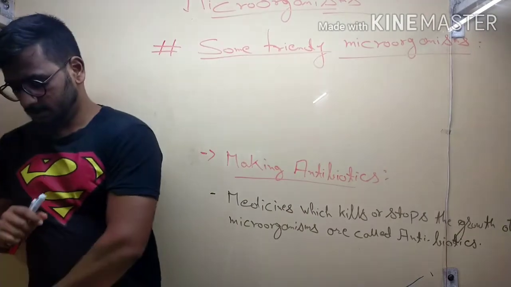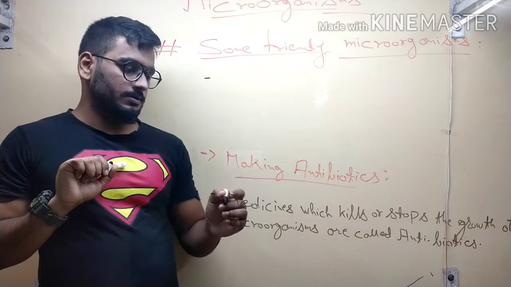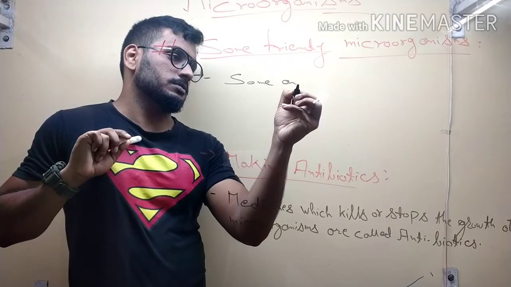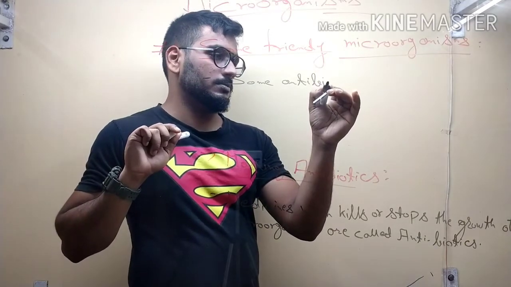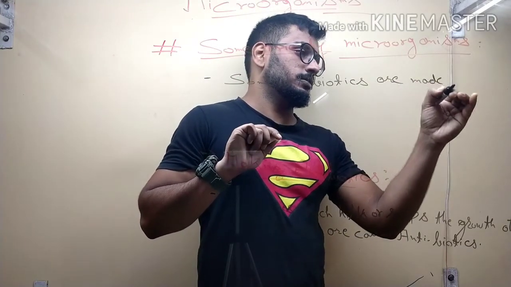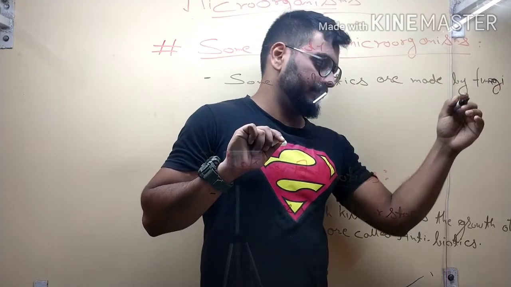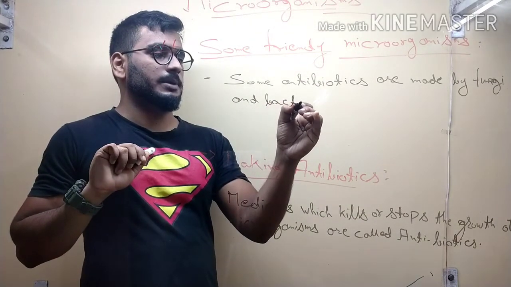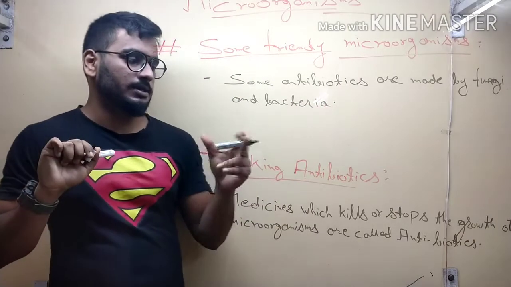So the next point is, some antibiotics are made by fungi and bacteria. So some antibiotics are made using fungi and bacteria. They are used for making antibiotics.